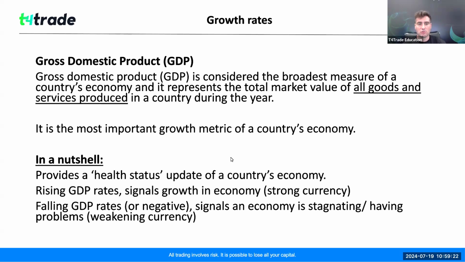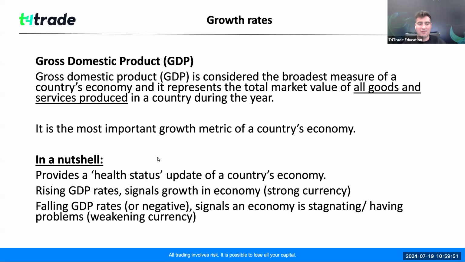So it's the most important growth metric of the country's economy. In a nutshell, it provides what we call a health status update on the country's economy. So rising GDP rates signal growth in the economy, which leads to a stronger currency because investors sell their own currency in order to buy yours to set up businesses in your country. Okay, so this is good news.